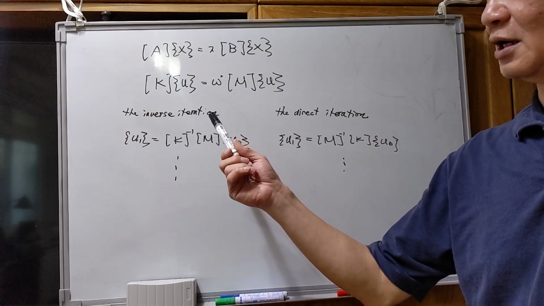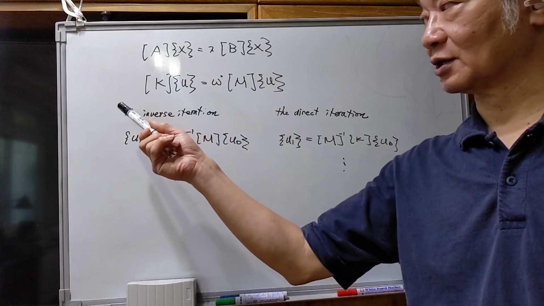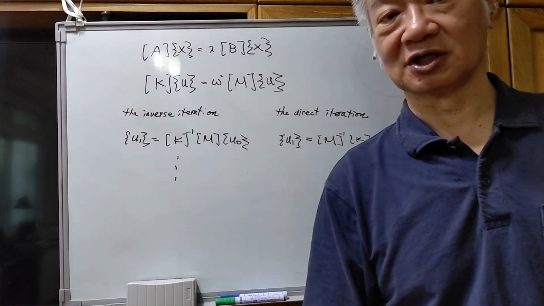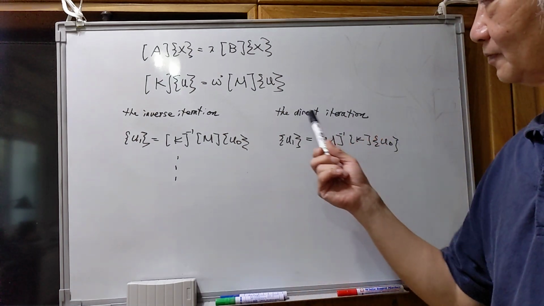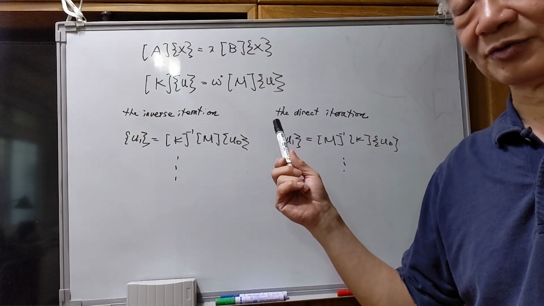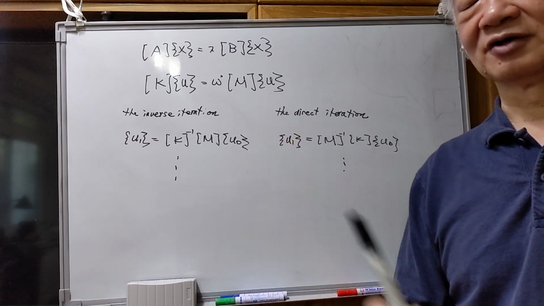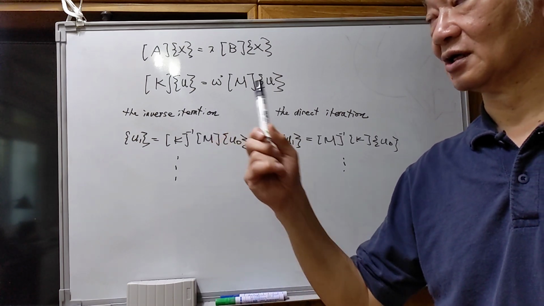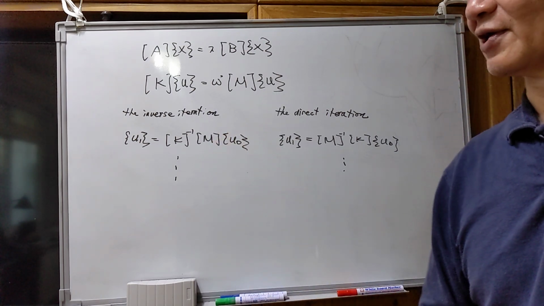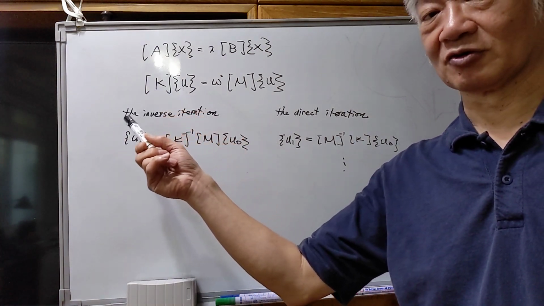Okay, but actually in the structural dynamics, most of the time we will choose to use the inverse iteration method instead of the direct iteration method. Even the calculations for the direct iteration method is easier than the inverse iteration method. Okay, why we choose the difficult one?